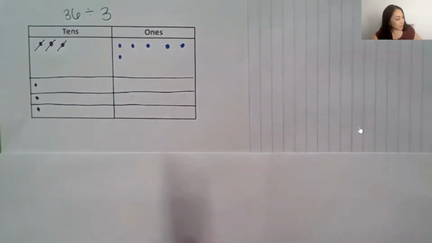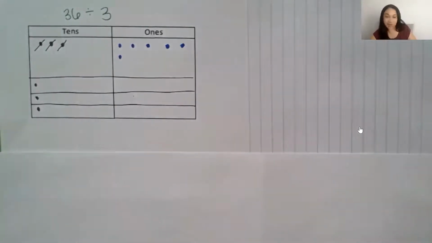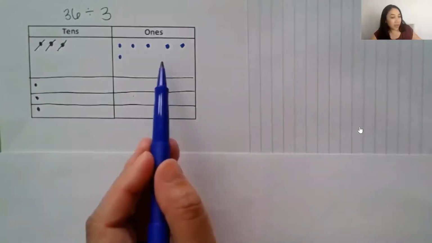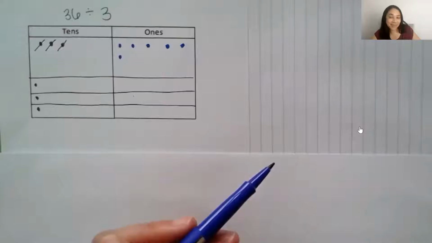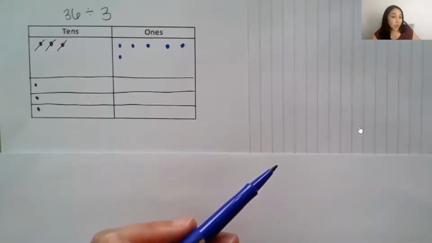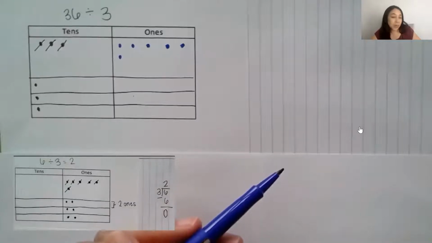Are there any left over? No. Let's move now to the next unit, the ones. 6 ones divided by 3 is 2 ones. If you recall, we did that in the last problem. What we did is we distributed the ones evenly, one at a time, into each group.